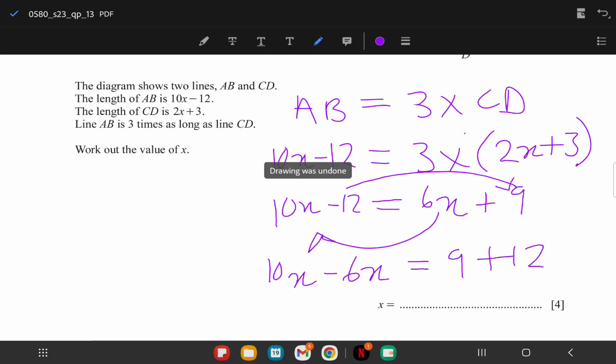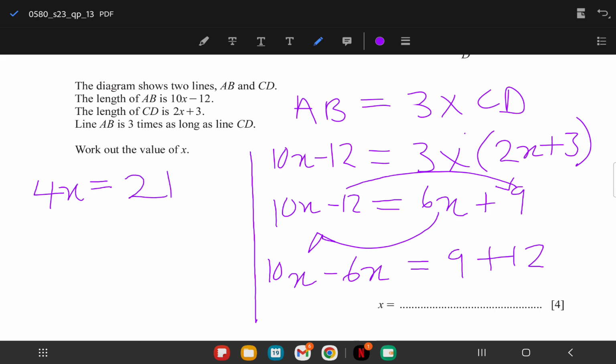Notice that when the numbers travel across the equal sign, their signs also change. 10 minus 6 will give me 4x. 9 plus 12 will give me 21.